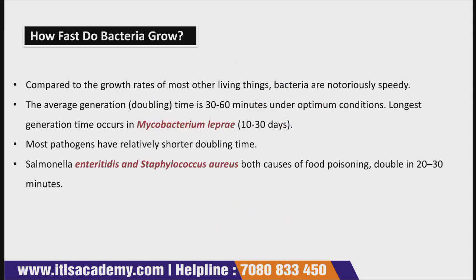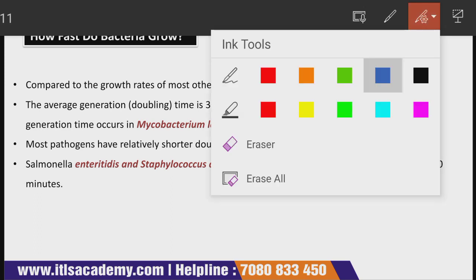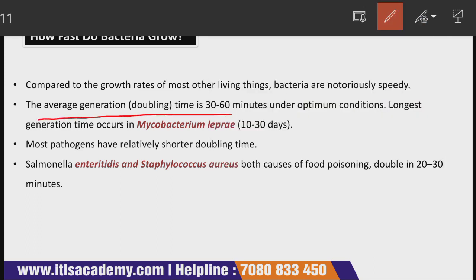Then we have studied how fast bacteria grow, meaning what is the average generation or doubling time. Whenever they ask you about the average generation time, students, you only tell this 30 to 60 minutes, unless and until they ask you about any specific microorganism or bacteria. In that case, the longest generation time is 20 to 30 days, and that is Mycobacterium leprae.